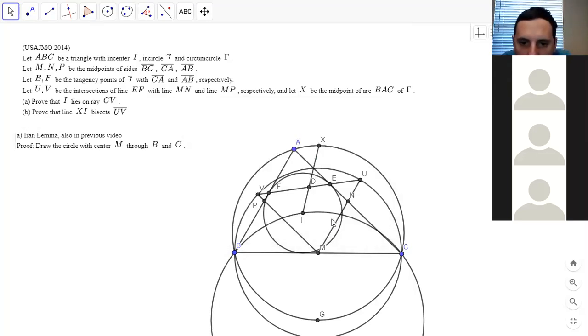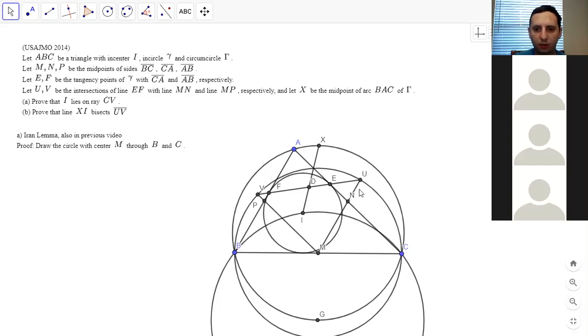I will just explain it first. Then we will prove by an angle chase that IEU prime C is cyclic. Afterwards, we will prove that U prime lies on line MN.